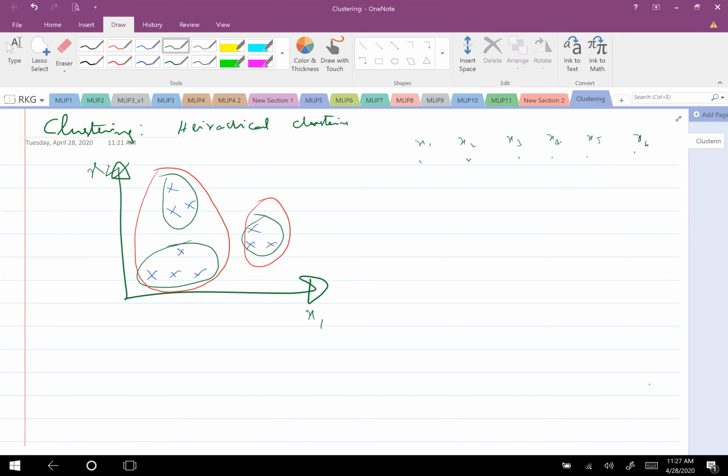Sir, can't we take the mean of all points and the distance from that mean? Can't we tell something? Okay, you can take the mean of all points, and then what will you do? The distance from that mean to each sample you will calculate, and then what will we do?